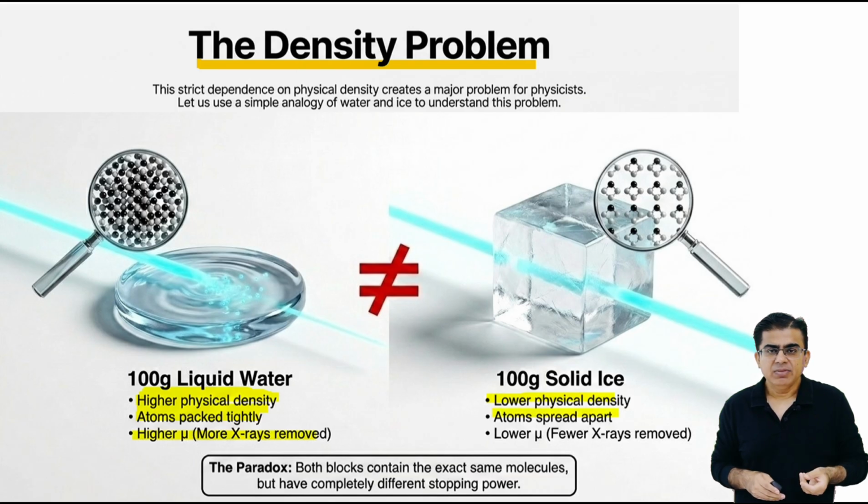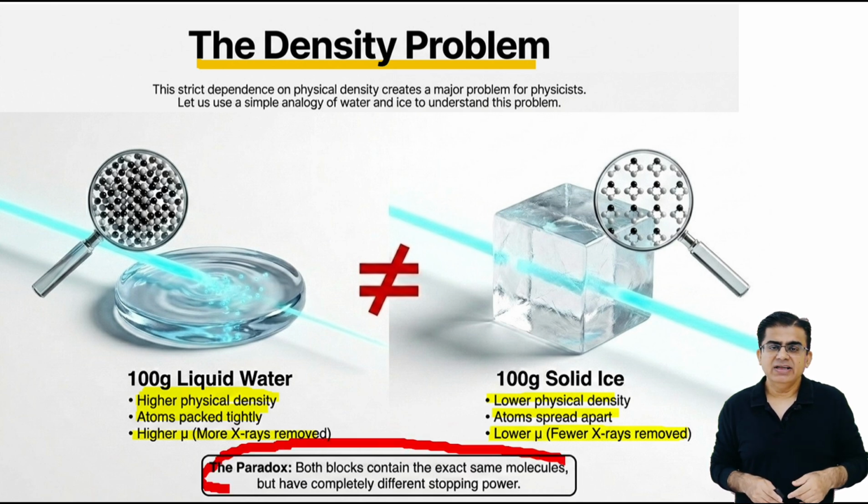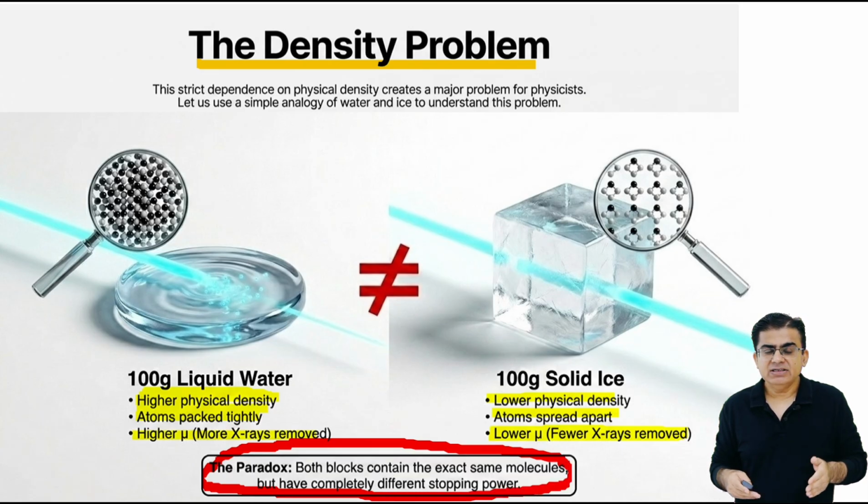We can say ice has a lower linear attenuation coefficient. This creates a very confusing paradox in radiation physics. Both of these blocks contain the exact same molecules of water, but because of their different densities, they have completely different stopping power.